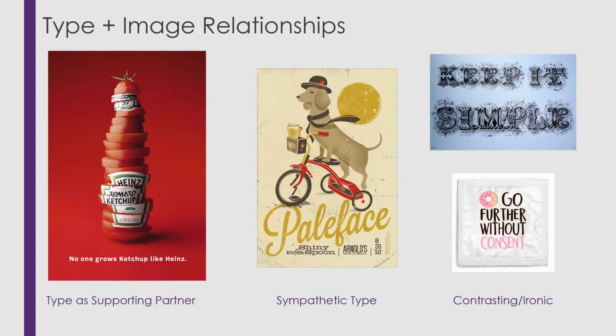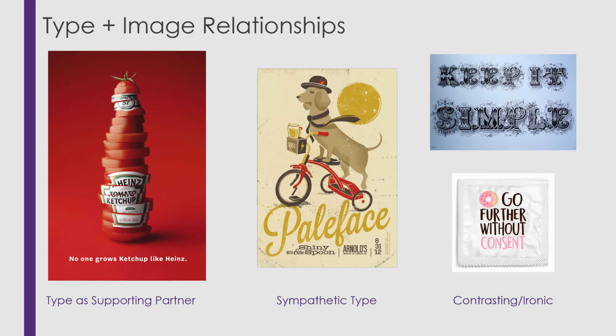That was definitely being ironic and using a contrasting typeface to what the message is saying. So these are more examples of that same concept, right? The top one says keep it simple, yet the typeface used is super elaborate, right? The opposite of simple. So definitely being ironic and being overtly opposite to the message.